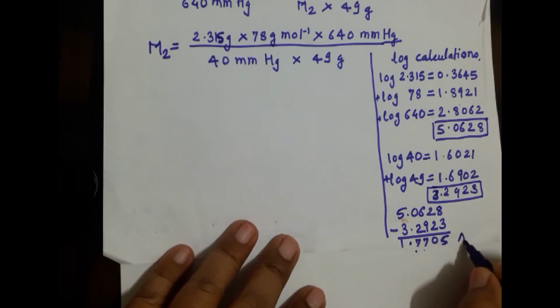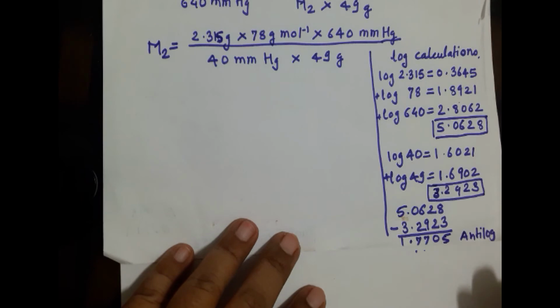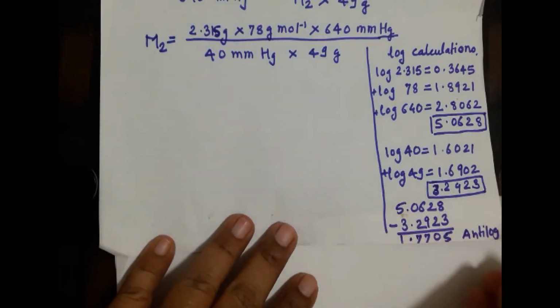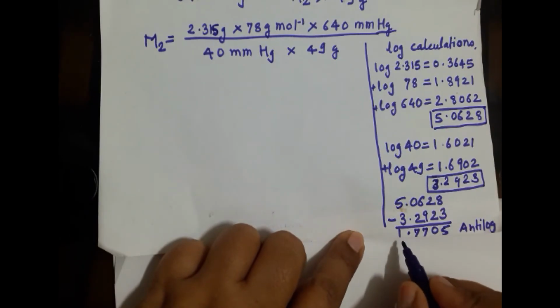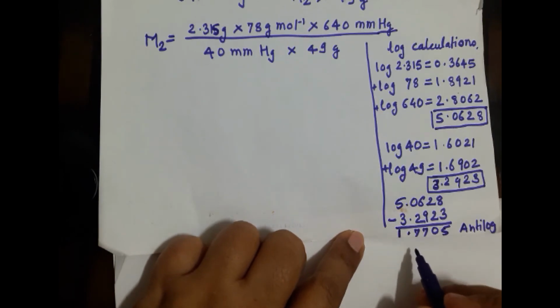Now we have to take the antilog of this. After taking the antilog, as we find here the characteristic is 1, we have to add 1.